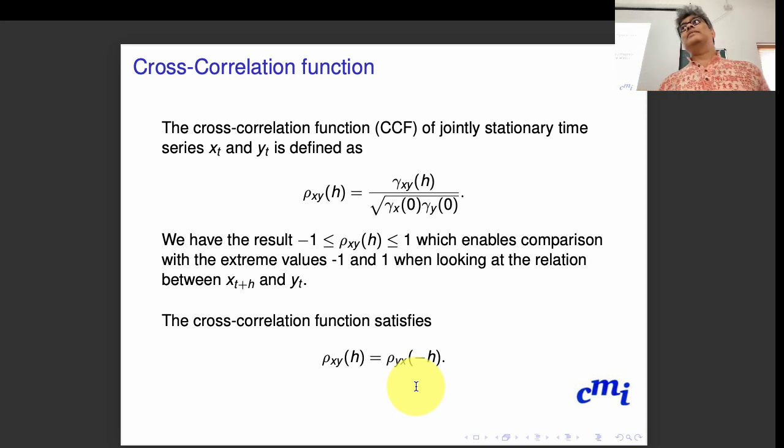If the symmetry does not hold, that will be an indication that maybe the correlations are not stationary. If they are stationary, then this symmetry will hold.